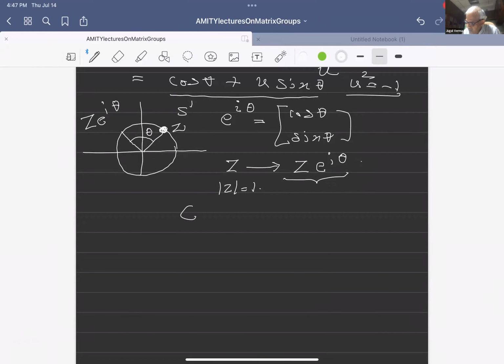So yes, in this space of complex numbers, C to C, if I take Z and multiply it by e to the power i theta, this is a rotation of the plane.